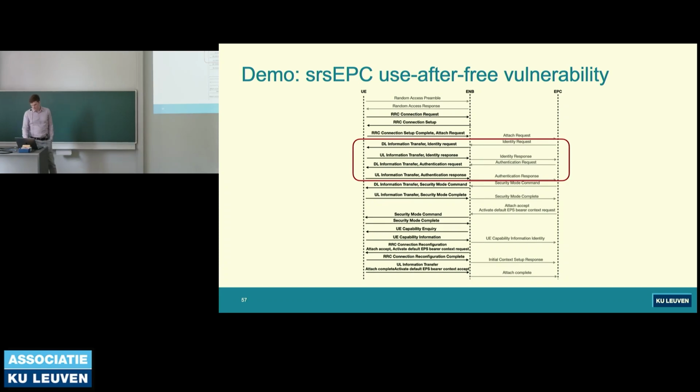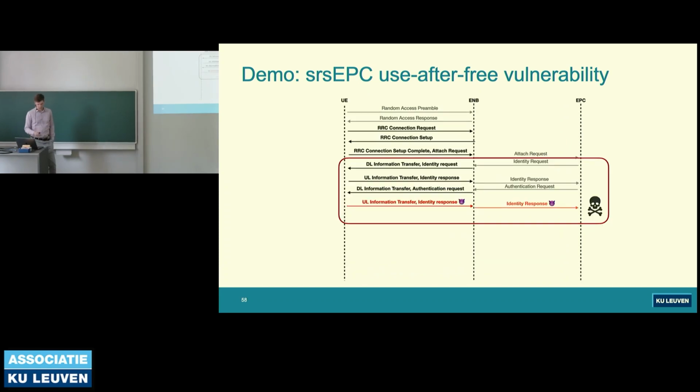So what does the UE do in order to trigger the crash? It's very simple. Instead of sending the benign authentication request here, it just replays the identity response message a second time. And it's enough to cause the use-after-free vulnerability in the packet core, which is, of course, unexpected behavior.